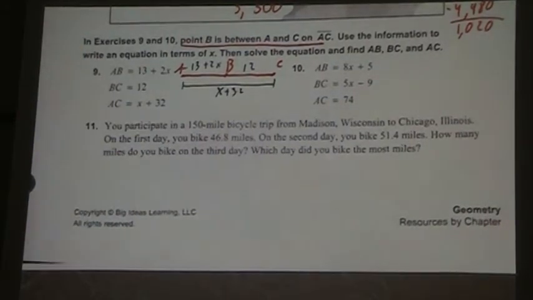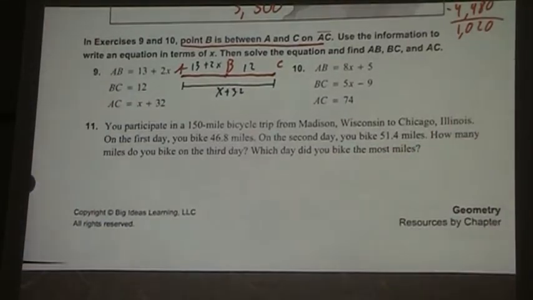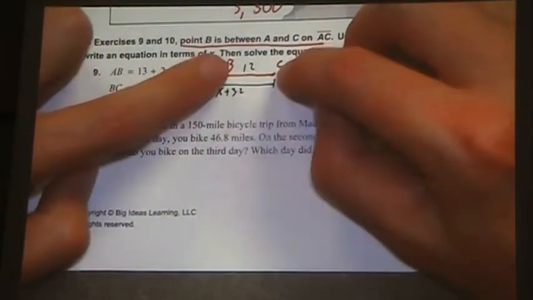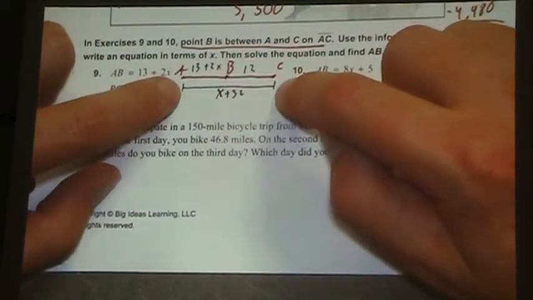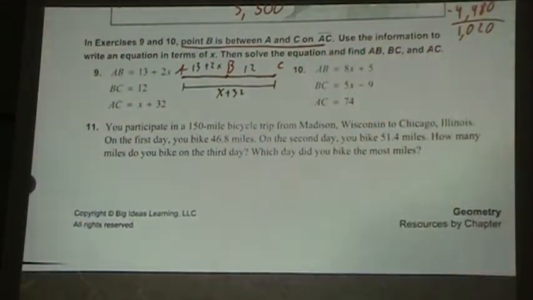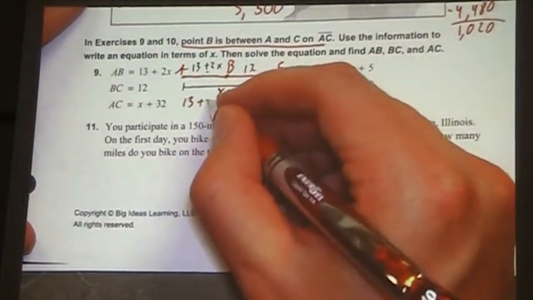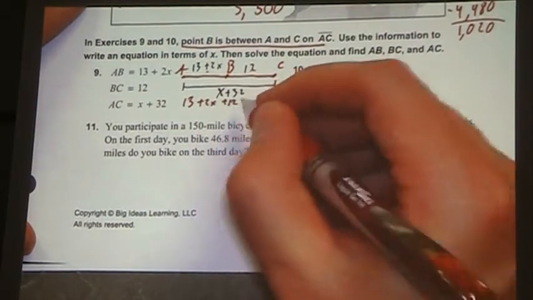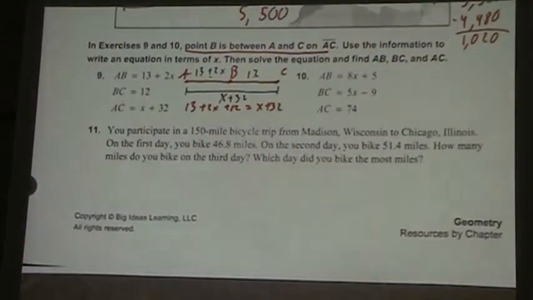Now the minute you finish that picture, in your brain, you see a part plus part equals whole situation. Well, let's put some expressions to that. Part plus part equals whole: 13 plus 2x plus 12 equals x plus 32. I'm going to need some scratch paper.